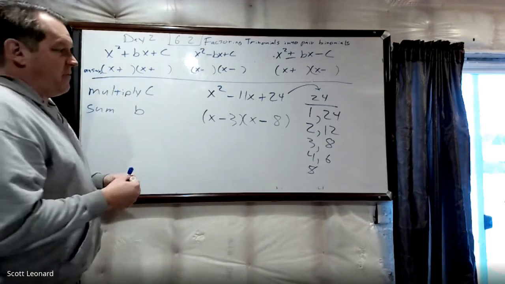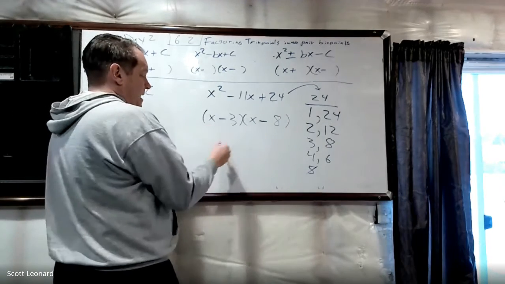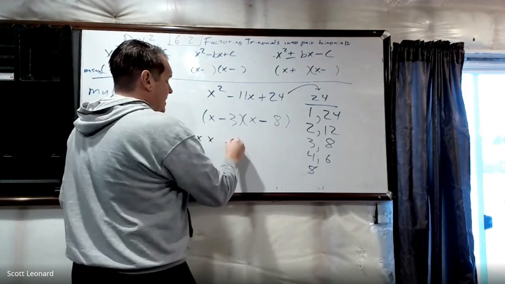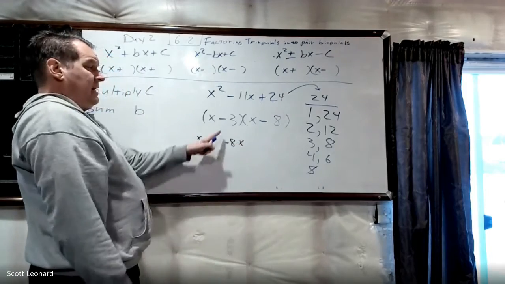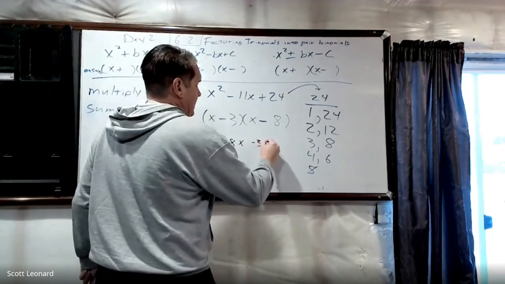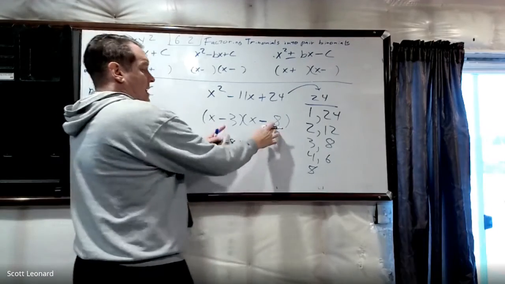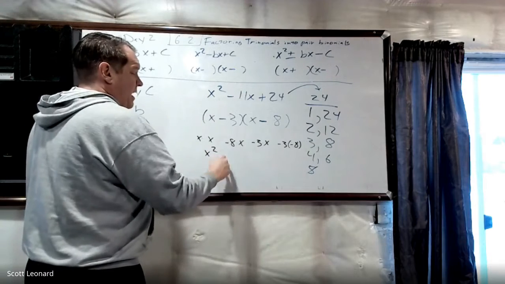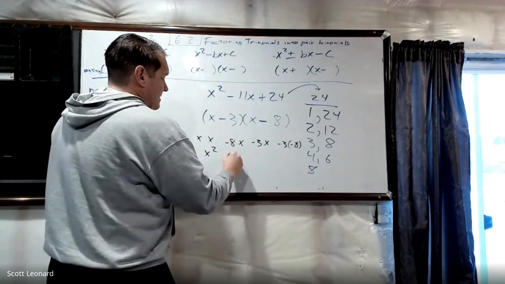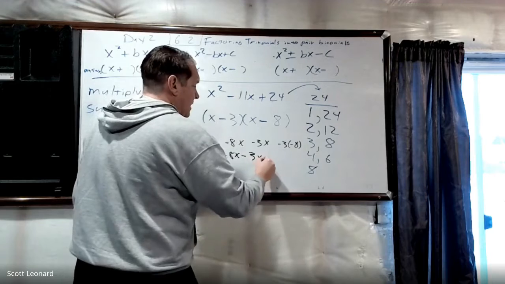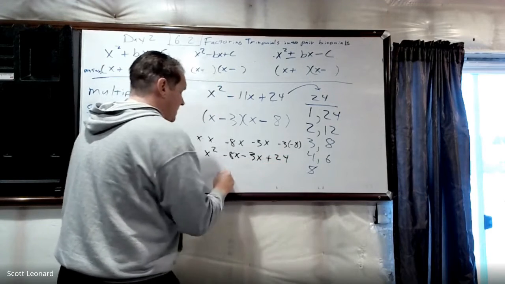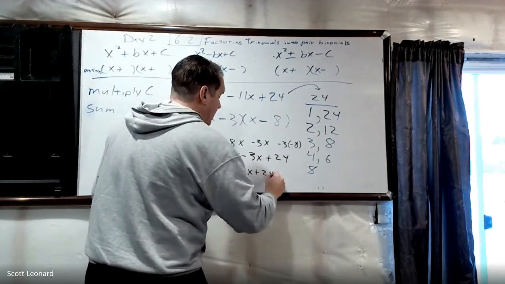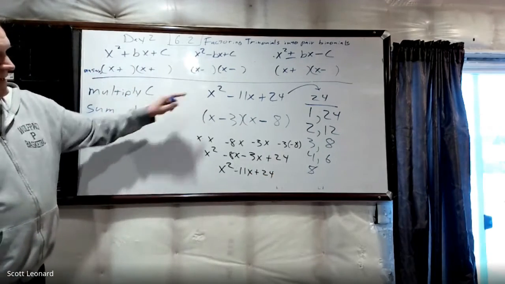If you want to do that FOIL that we talked about yesterday, we did the x times x, then the outsides, negative 8 times x, then the insides, negative 3 times x, then the last, negative 3 times negative 8. We would get x squared minus 8x minus 3x plus 24, like terms in the middle. Boom, same as the original.